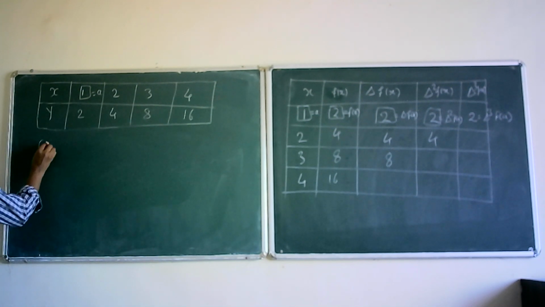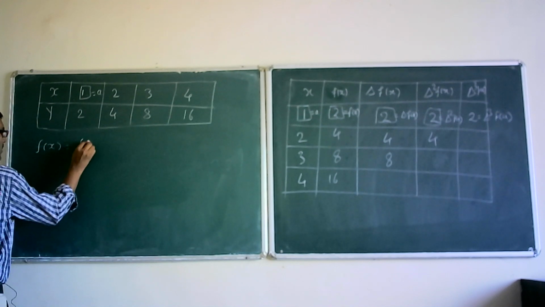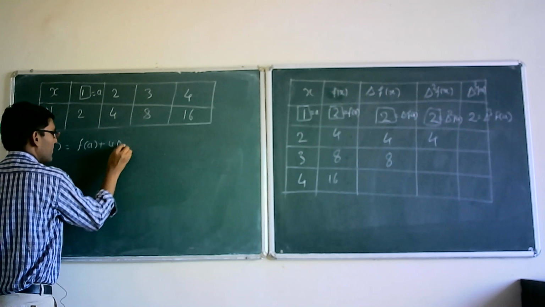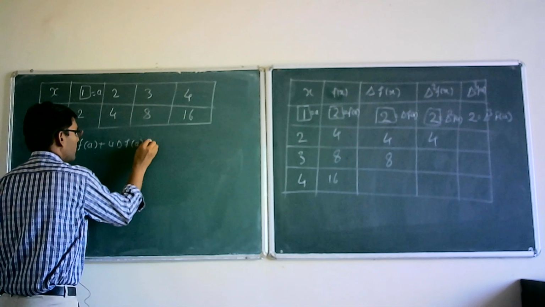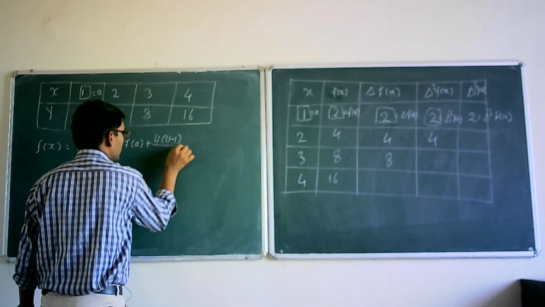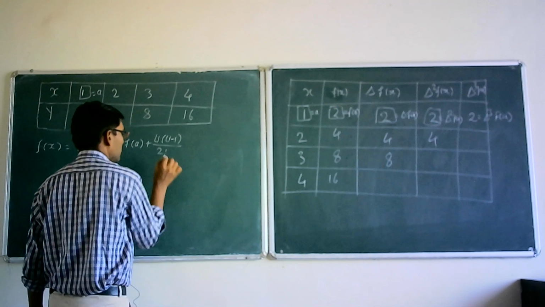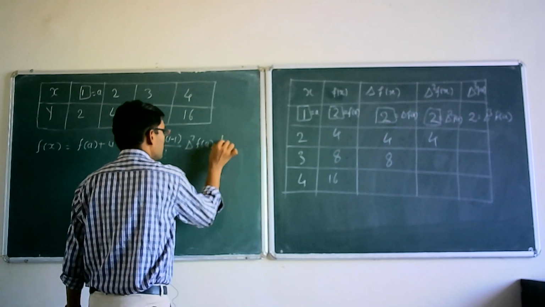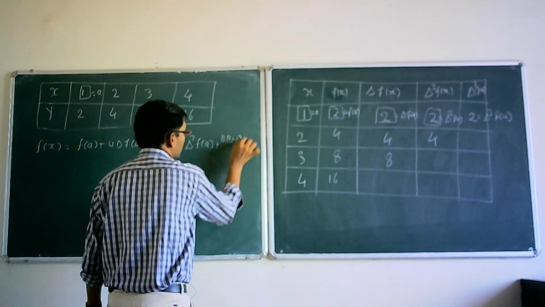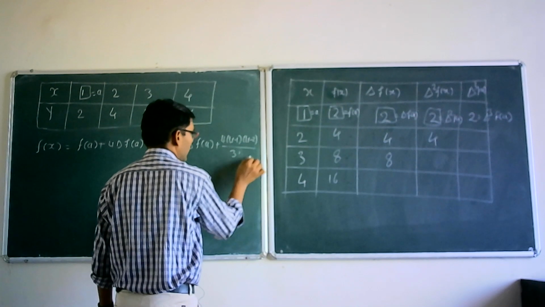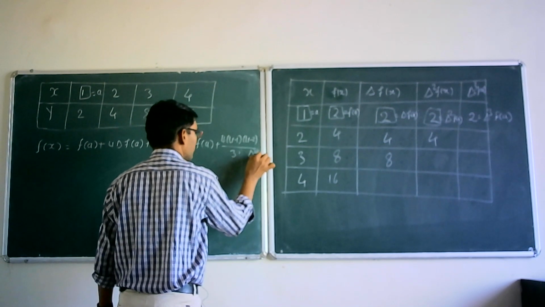f of x is equal to f of a plus u delta f of a plus u into u minus 1 divided by 2 factorial delta square f of a plus u into u minus 1 into u minus 2 divided by 3 factorial into delta cube f of a.